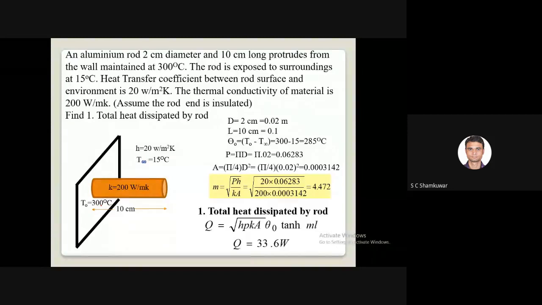You will get now the heat transfer rate. So therefore, we are using number of fins, not a single fin. We are using arrays of fins. This rod is nothing but a fin.